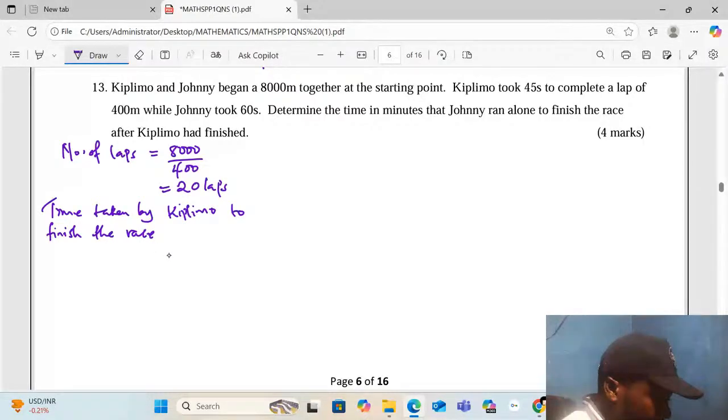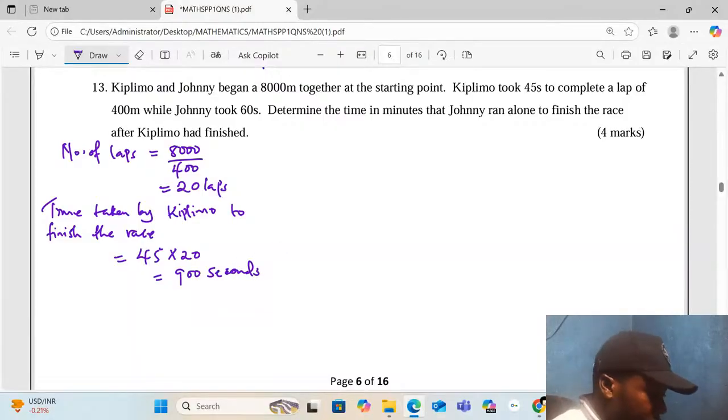One lap is going to take 45 seconds, times the 20 laps. That means 900 seconds to run the 20 laps.